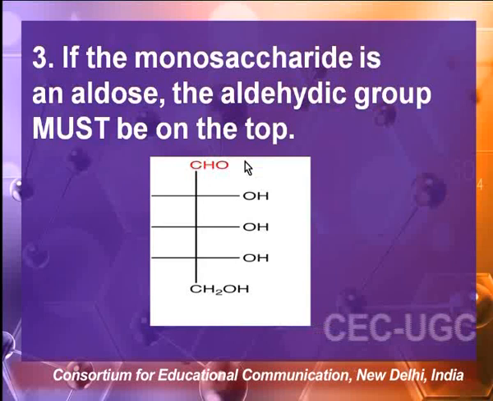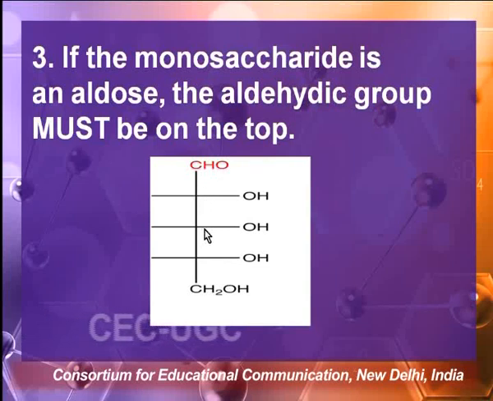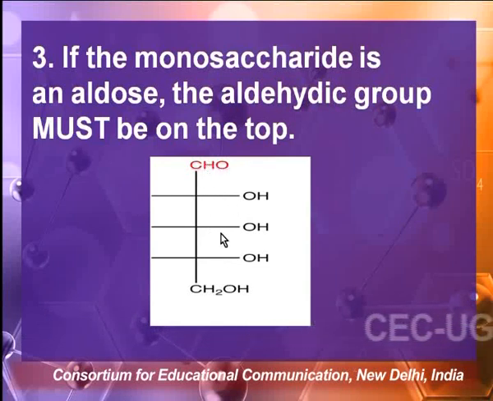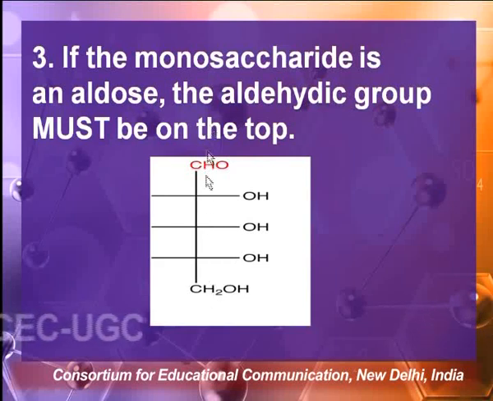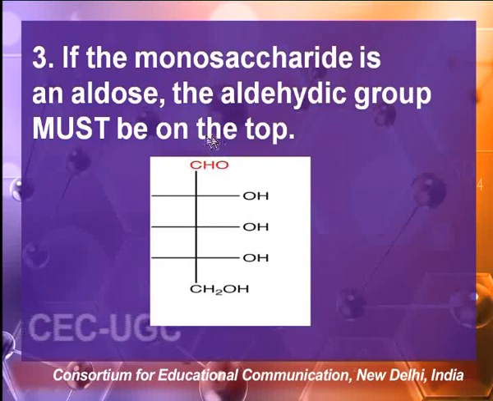So when we write an aldopentose in Fischer's projection, which I have already told you in my previous lecture, the vertical line indicates the longest straight carbon chain. That is to say, the longest continuous carbon chain is written as the vertical line with the highest oxidized end at the top.